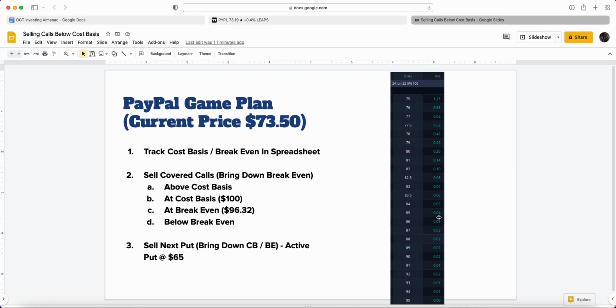If I was to do the 84 strike and the price is 73.19, even if the price went to 80, why would someone exercise that option when they can just buy at the market at 80? So I don't think you're going to get called away early if your strike is above the current price. If you are in the money, it's a different conversation, but there are ways to manage that.